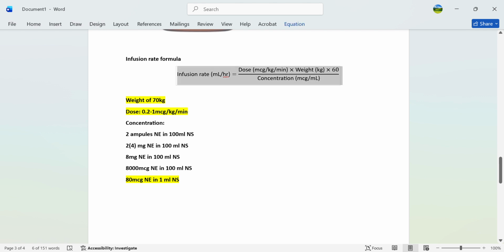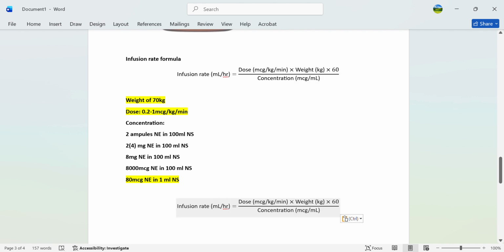I will copy and paste it here for ease. Now the dose which we will calculate initially is 0.2. So this is 0.2 to 1, so we will calculate separately for each dose, but let's start from 0.2. Now the weight of the patient is 70 and the concentration which we have calculated is 80 microgram per ml. So put in 80.